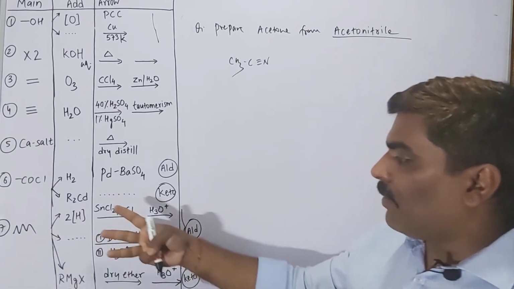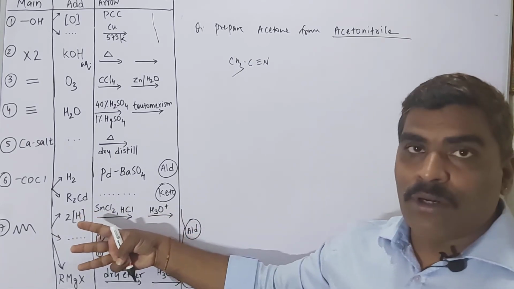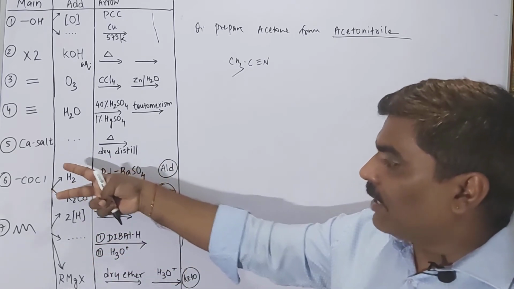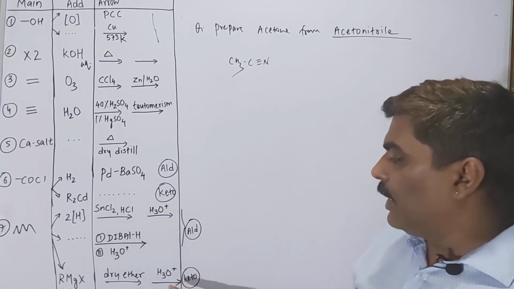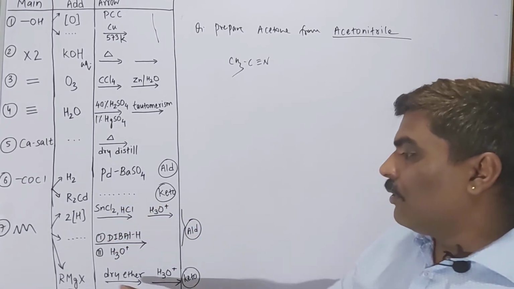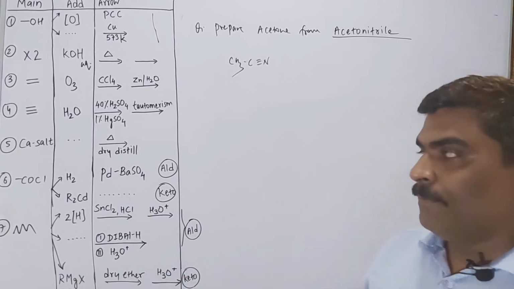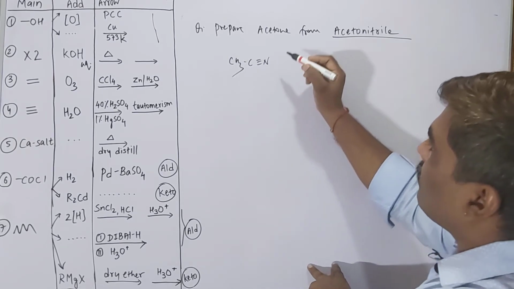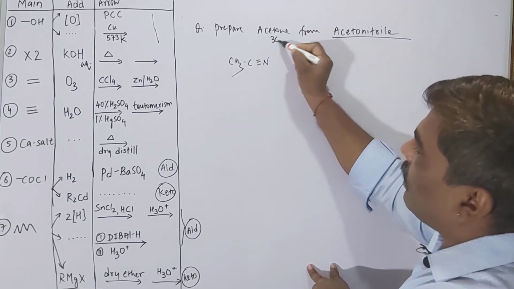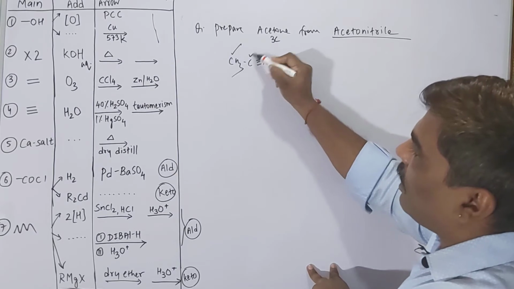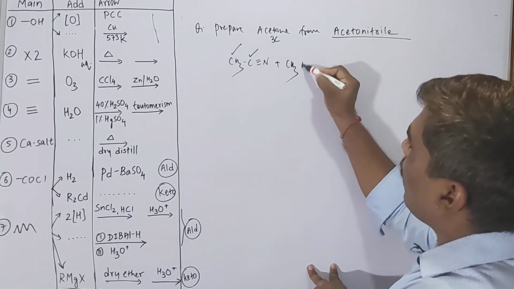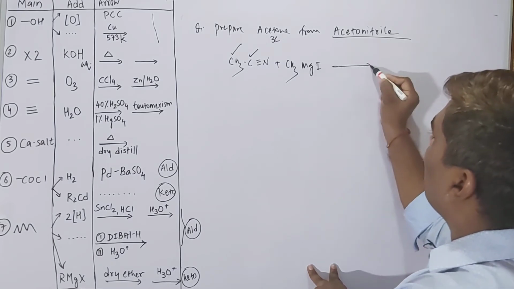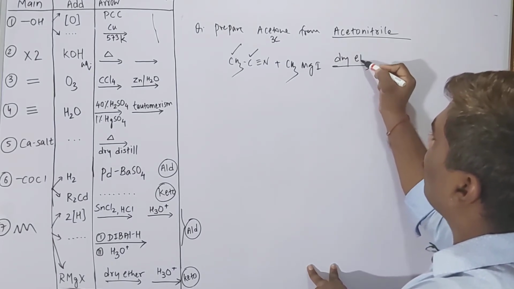Now in number 7, 3 possibilities are there, but what I told, 2 possibilities are there, ketone at bottom, 3 possibilities are there, ketone here. So we are going to put Grignard. Acetone contains 3 carbons, so 2 carbons we already have. So we'll write here now CH3MgI, and here we'll write dry ether.